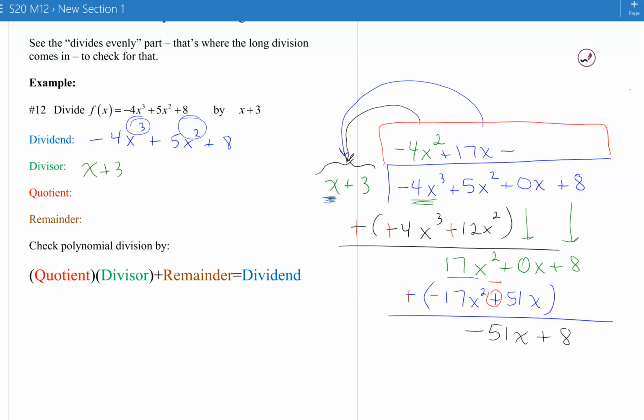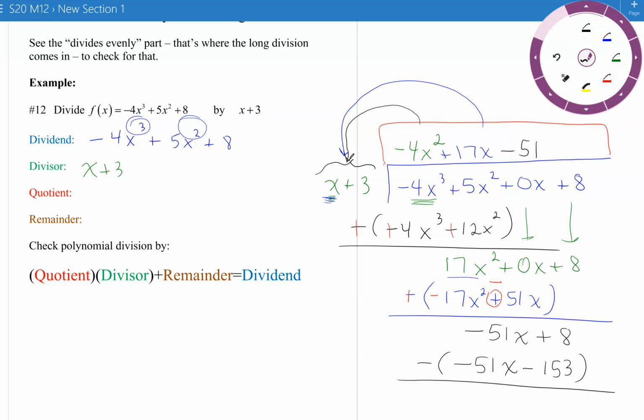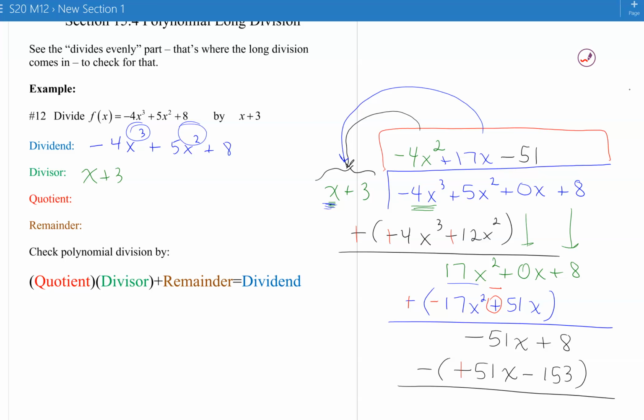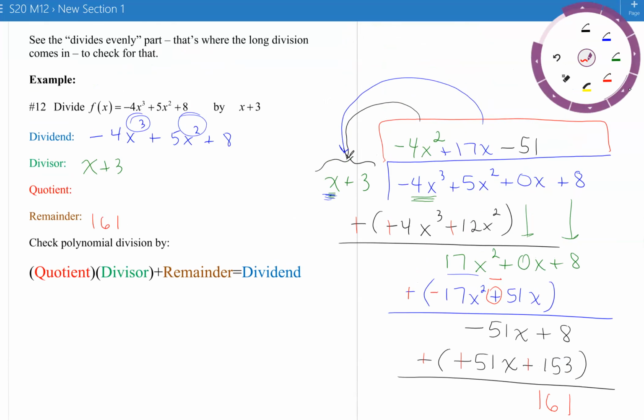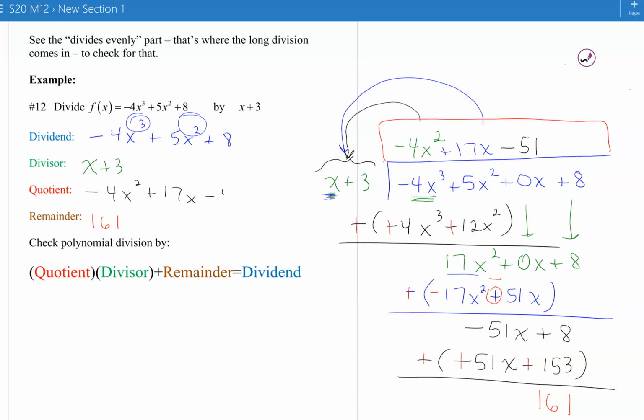So then I need to multiply the x by negative 51 to get a match for the negative 51x. And then it's going to be minus 153 and subtract. Subtraction means add the opposite. So I'm going to get 161 for my remainder. And my quotient is going to be negative 4x squared plus 17x minus 51.